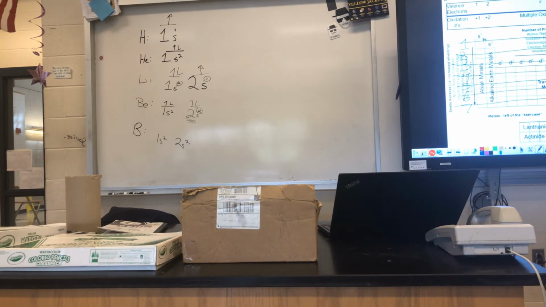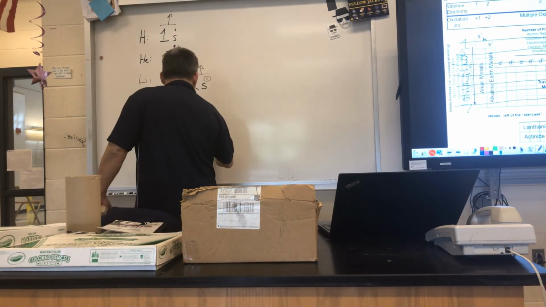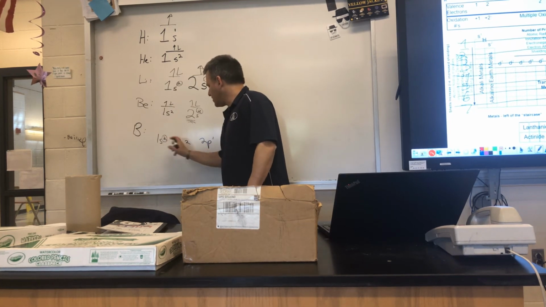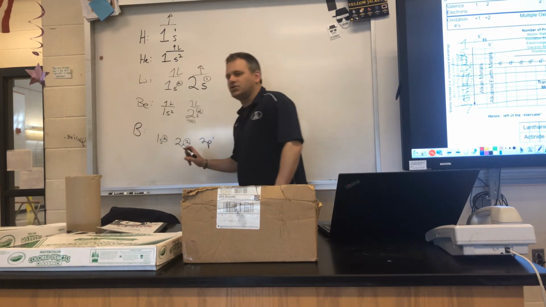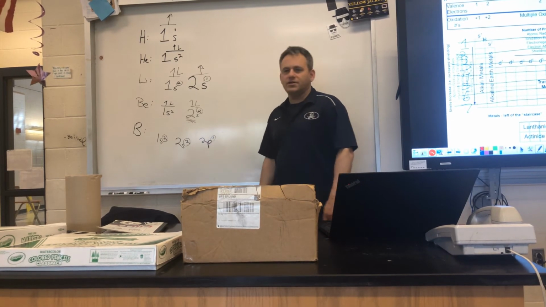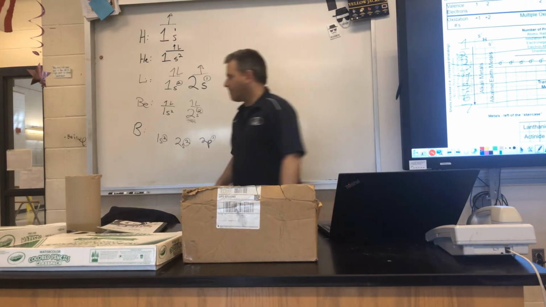P. We're in the P section now. So we're going to write 2p1. Does boron have 5 electrons? Is 1s2, 2s2, and 2p1 a total of 5? Yes, it is.